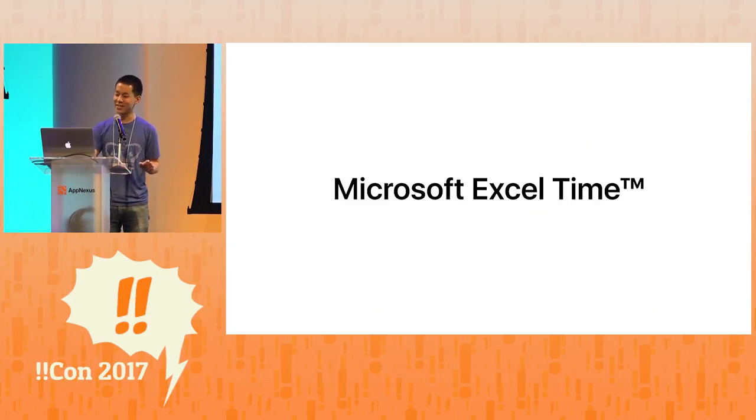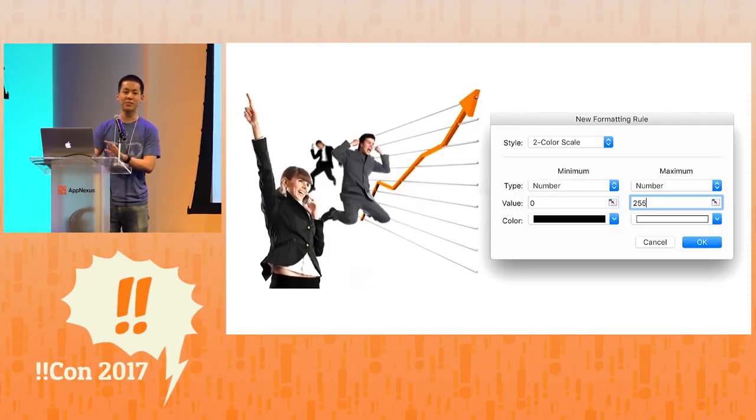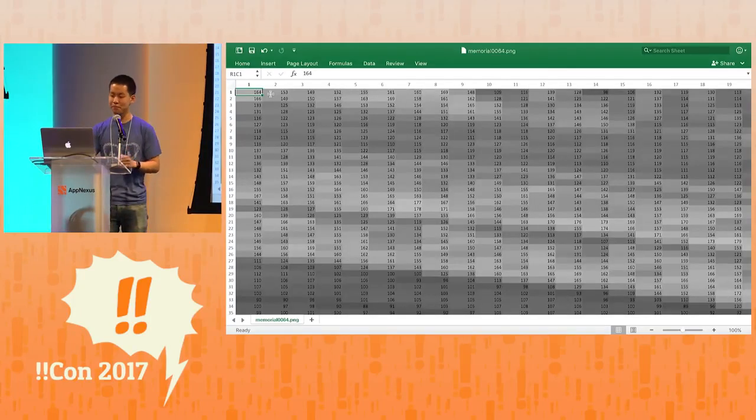Now it's Microsoft Excel time. So I put all my data into this spreadsheet. I made the images black and white. But you can't really tell what's going on here. It's just a bunch of numbers. But don't worry, because the business people have us covered. They have this thing called conditional formatting, where you give it one color for the bottom range, another color for the top range, and it fills in everything in between.